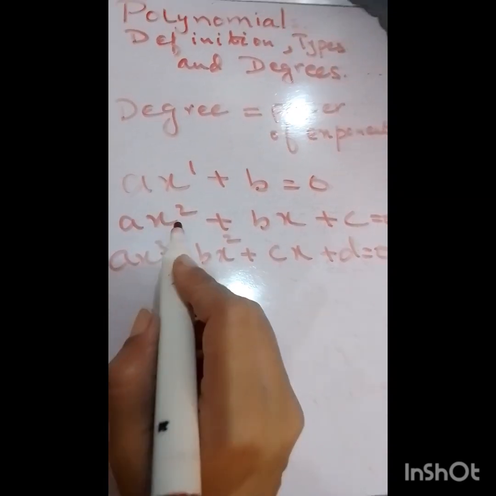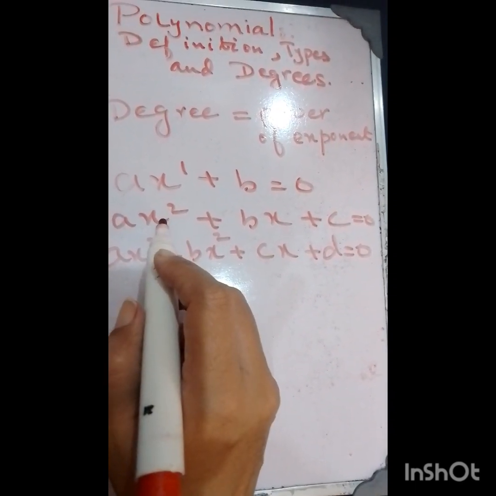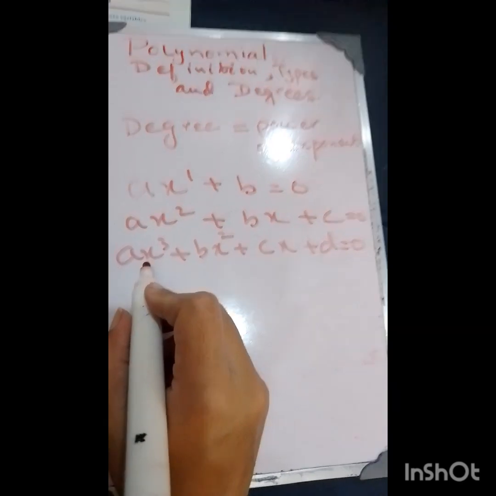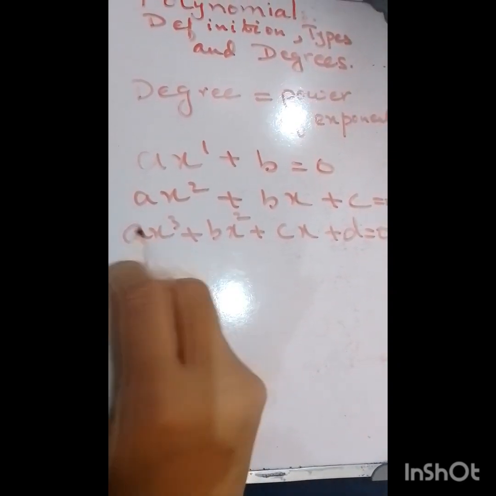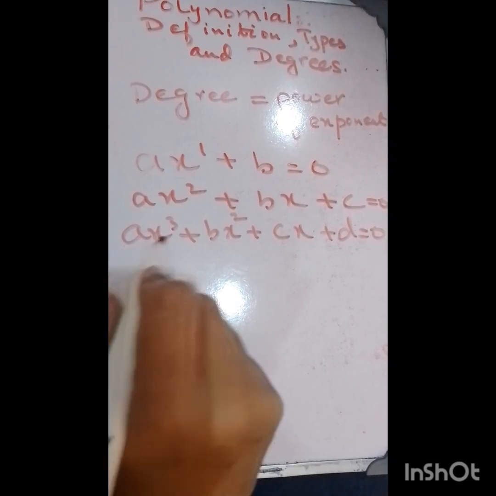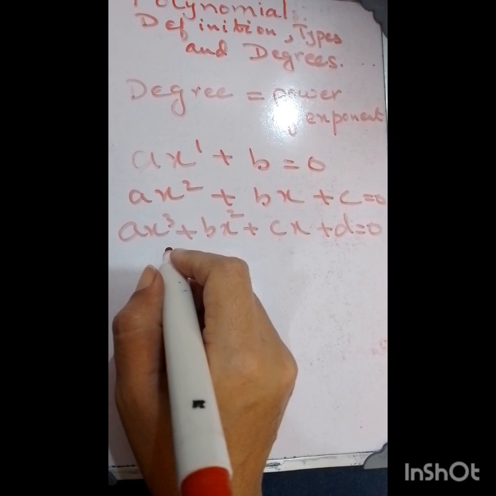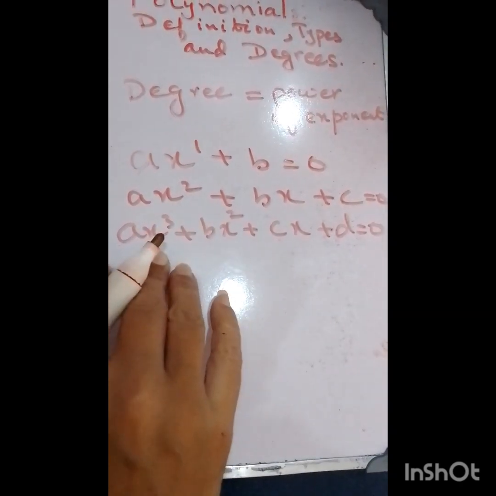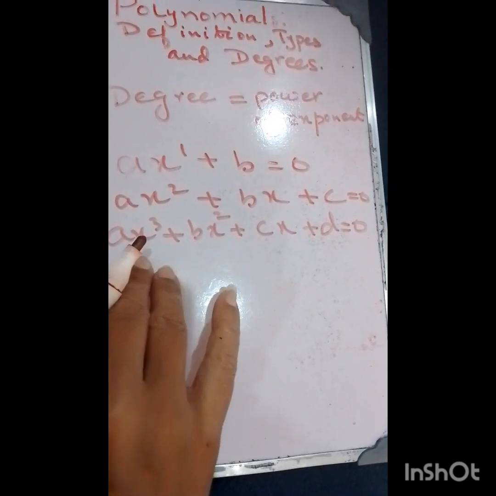Here the power of x is 2, representing the second degree, and the exponent of 3 on x represents the third degree, right? So these are the different types of degree, and this is how we recognize the expression regarding the degree.